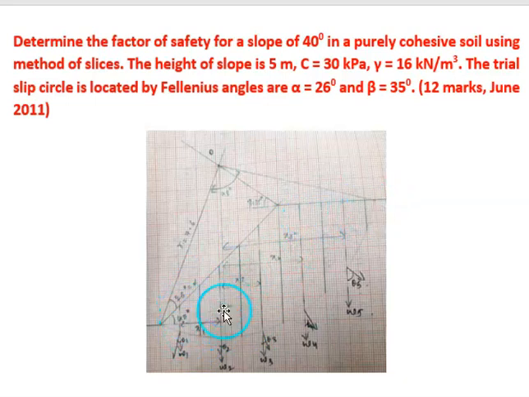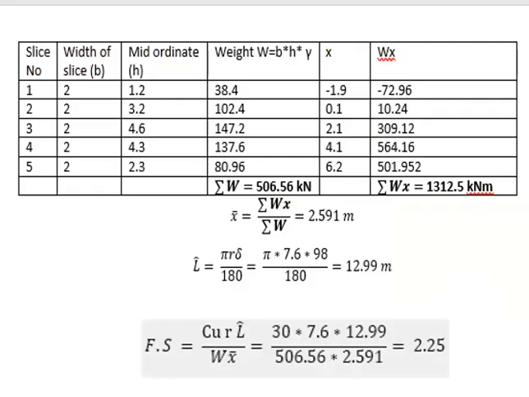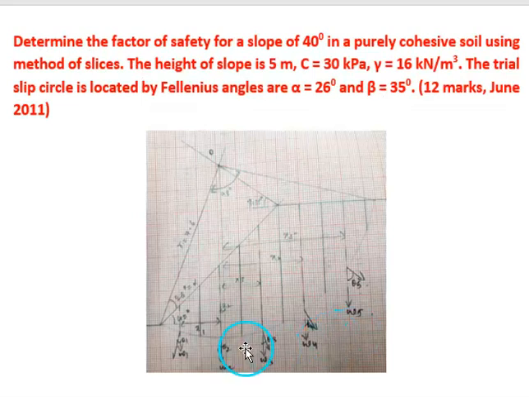For each slice, we have to draw the center lines and then we have to represent the weights as W1, W2, W3, etc. But here we need not draw the normal and tangential components, because in the equation Cu into R into arc length by W into X bar, we don't need the sum of normal components and sum of tangential components. So we need not draw normal and tangential components in the graph. We just have to find only W1, W2, W3, etc.